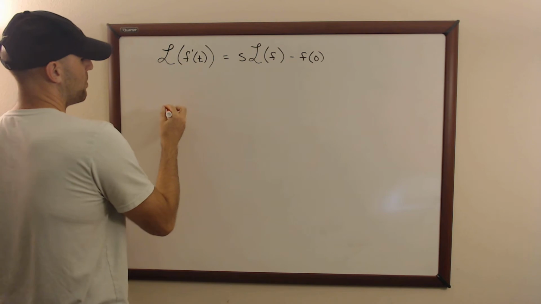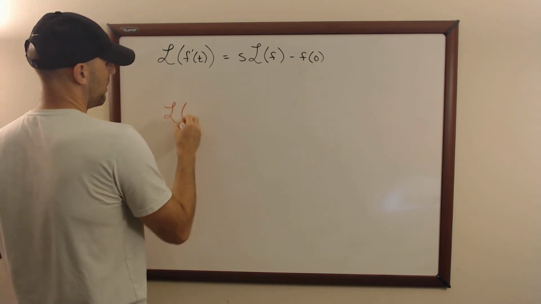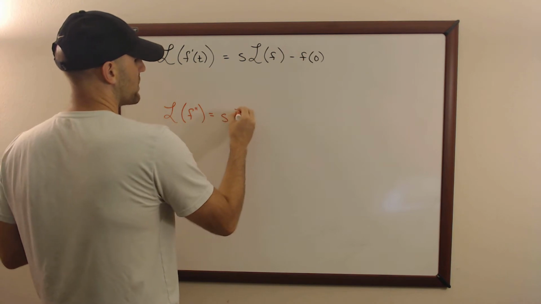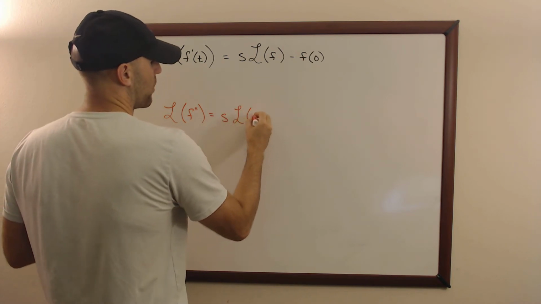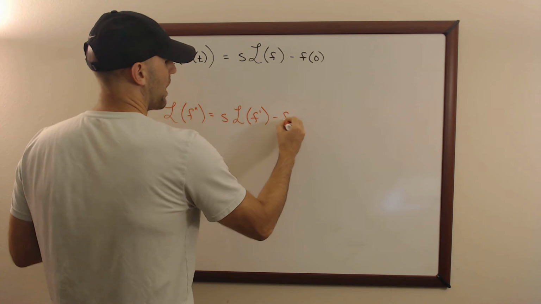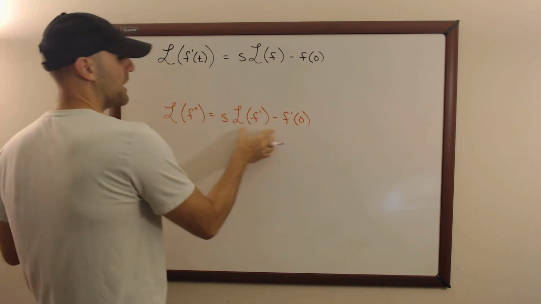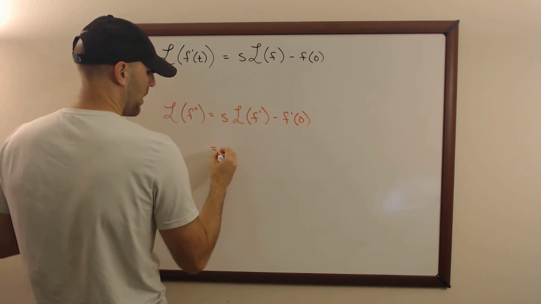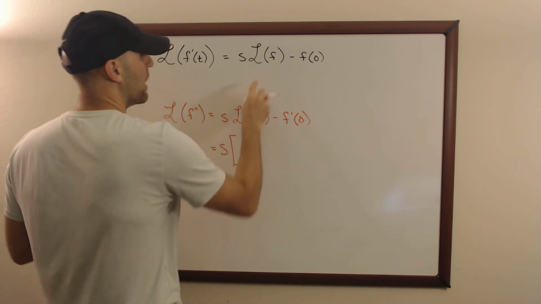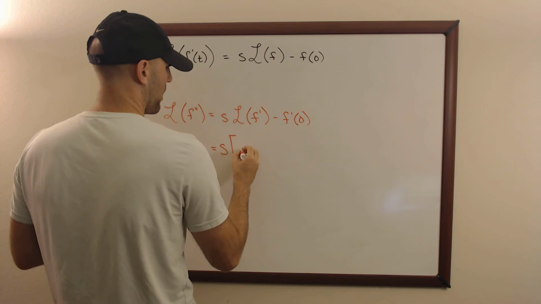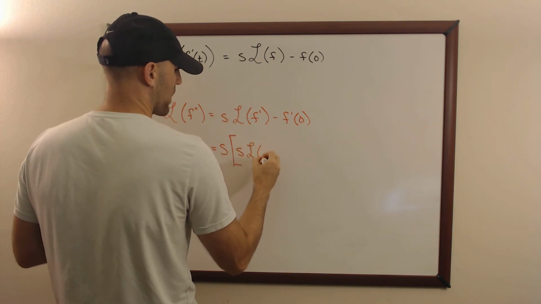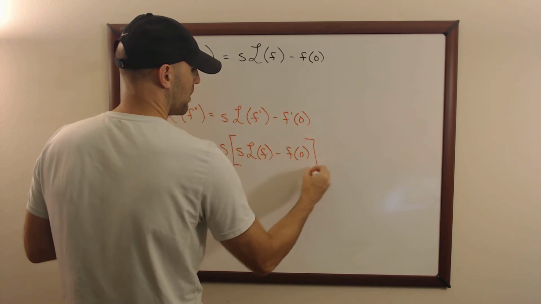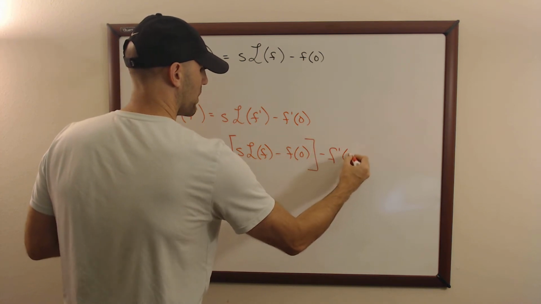So if I want the Laplace transform of f double prime, that's s times the Laplace transform of f prime minus f prime of 0. Again, now replacing this with my formula here, I get s times the Laplace transform of f minus f of 0, minus f prime of 0.